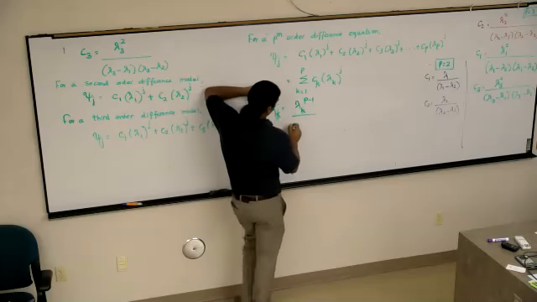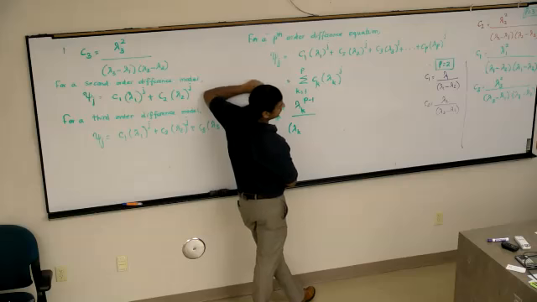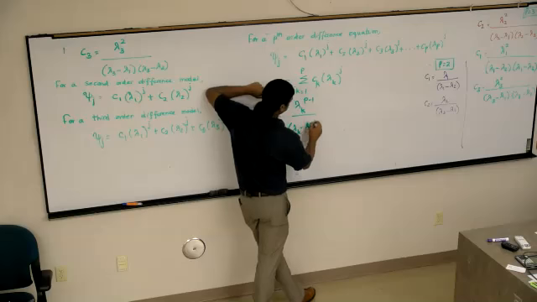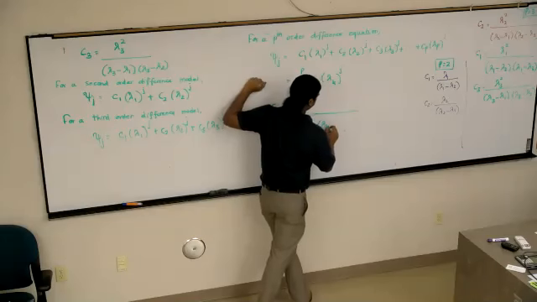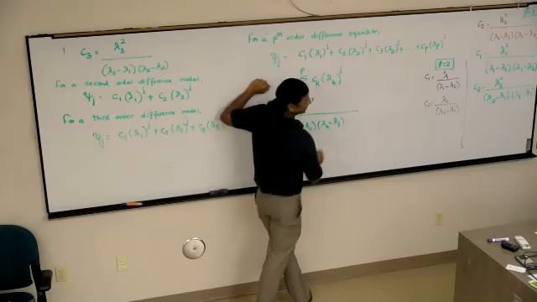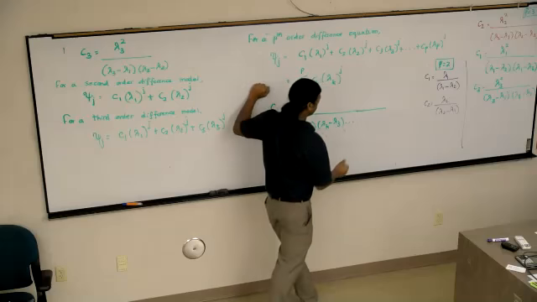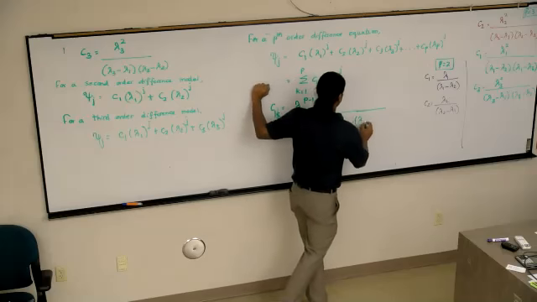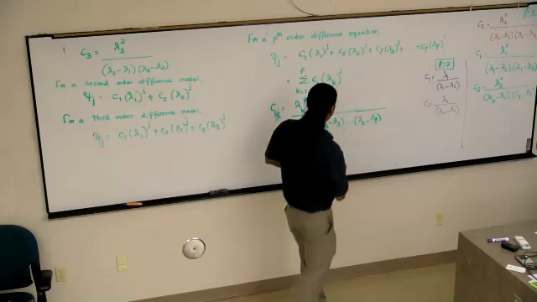Can I write it as lambda K minus lambda 2, lambda K minus lambda 3, dot, dot, dot, all the way up to lambda K minus lambda K?